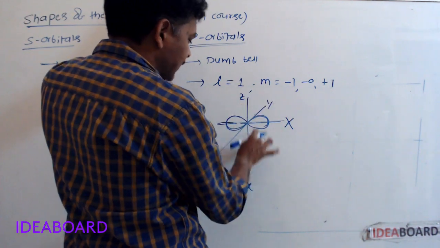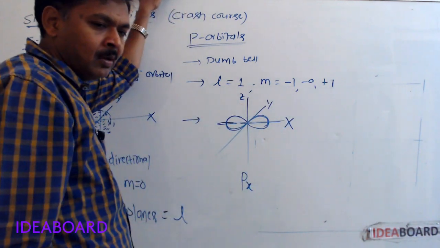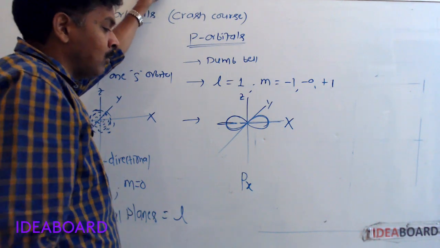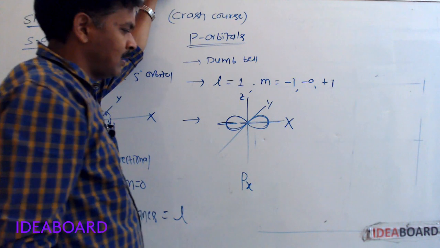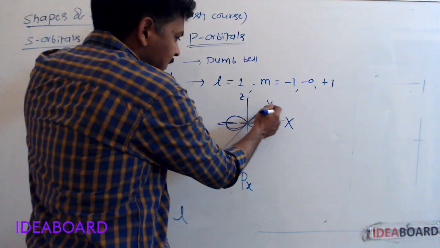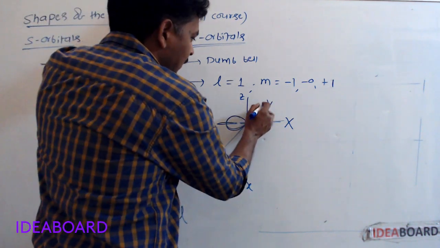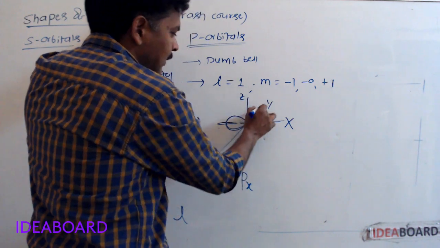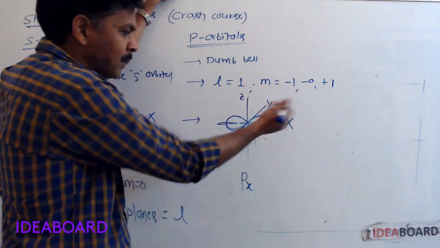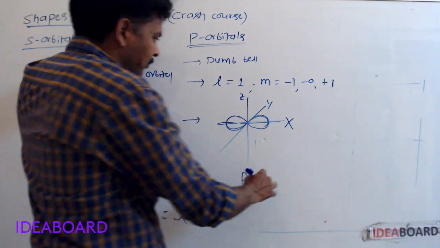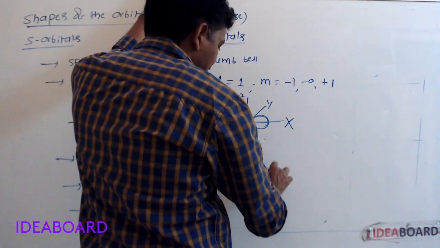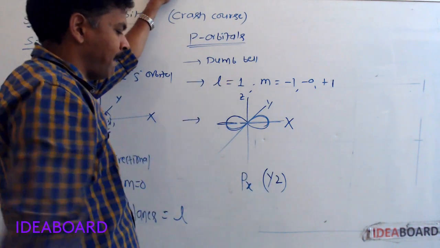Along y-axis and z-axis it is 0. So for px orbital, the value along the x-axis is maximum. Along the y-axis or z-axis or in this yz plane, there is no probability of finding of electron. So for px orbital, yz is nodal plane.